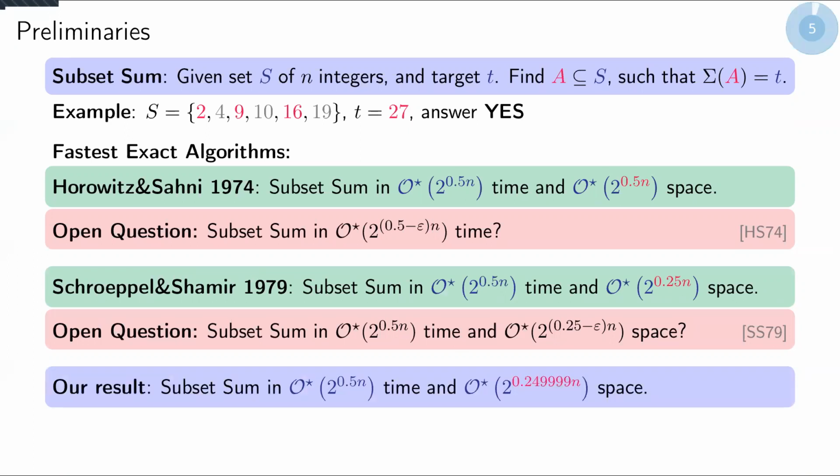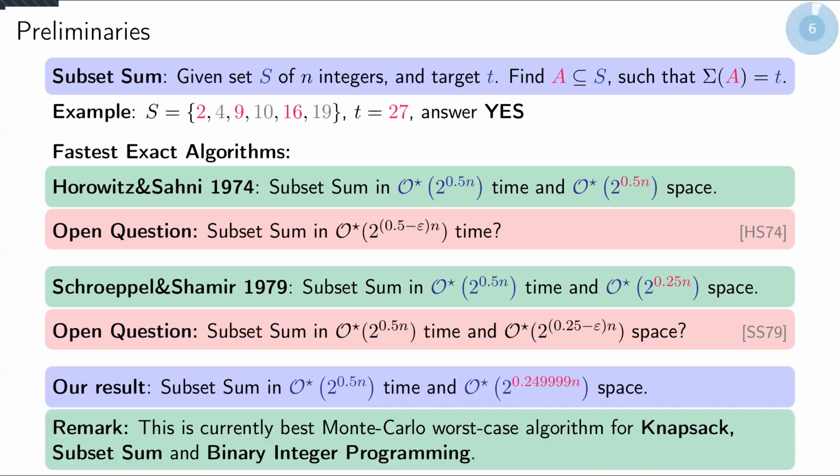And in this talk, we say that yes, you can improve the space complexity to be 2 to the 0.249999n space. And just a quick remark, you can generalize this algorithm for knapsack and binary integer programming via the known equivalence reductions. So that's basically all the results we have.